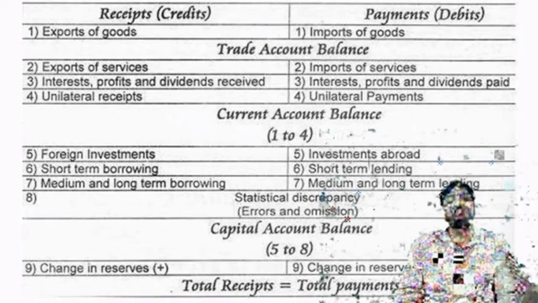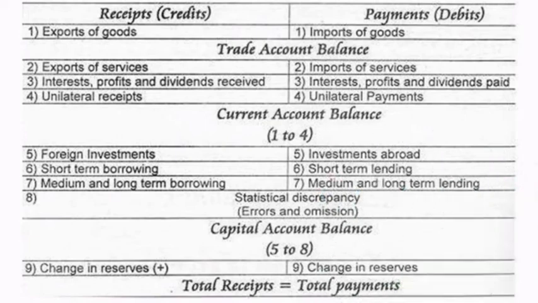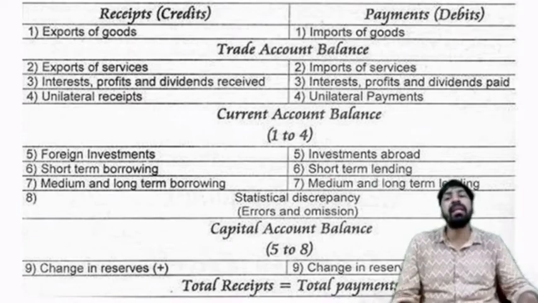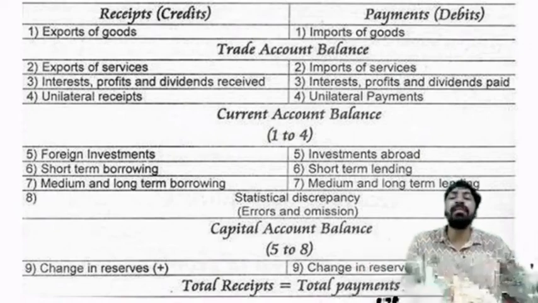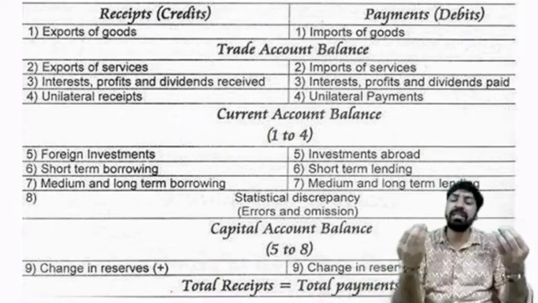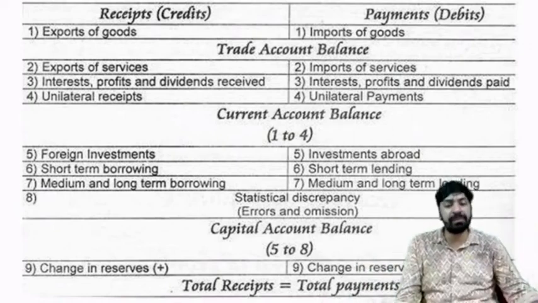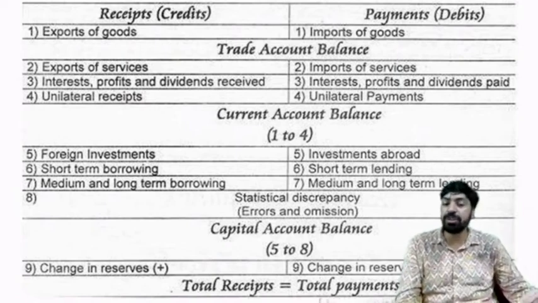And when we talk about the capital account, borrowing, then again on the payment side, the debit side, the investment abroad, short-term lending, medium and long-term lending. So whatever balances have not been equalized, we call statistical discrepancies, that is errors and omissions.